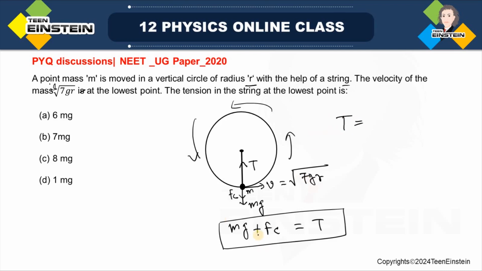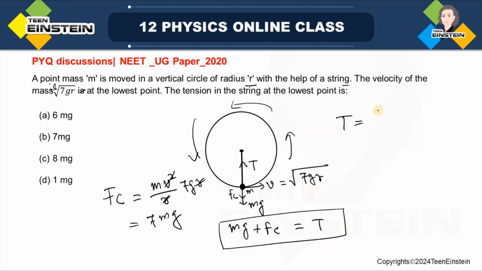So tension is equal to mg plus Fc, and this Fc is exactly equal to the centripetal force, that is m v square by r, where r is the radius of this circular path. And v is given at this position, that is square root of 7gr. If we put that in, we get 7mg.